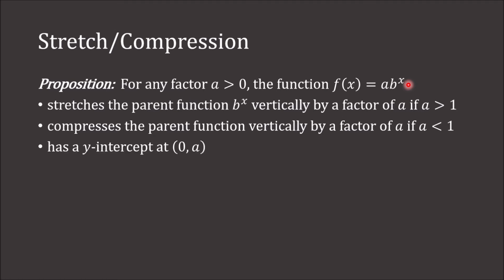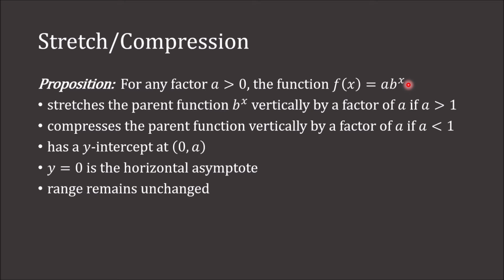It now has a y-intercept of (0, a). y equals 0 remains the horizontal asymptote. The range remains all positive real numbers. And the domain remains all real numbers.